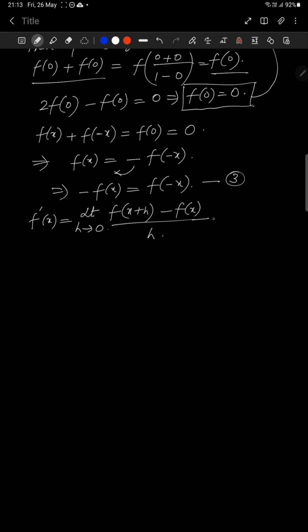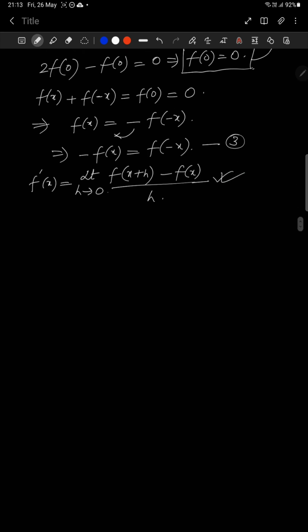I hope you remember this particular concept which we have learnt in class 11. Now this minus f(x) from here can be written equal to f(-x), means this will become limit h tending 0.